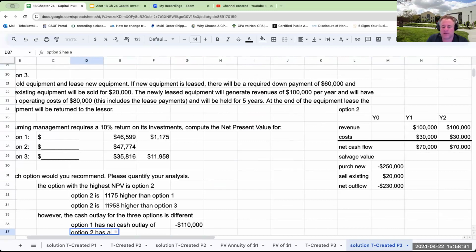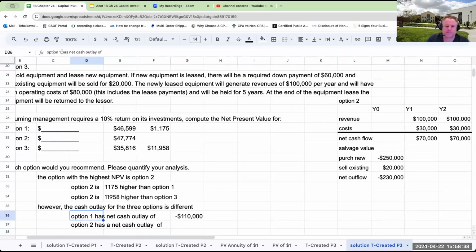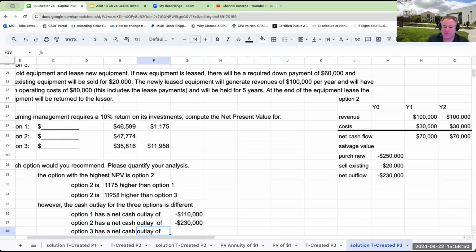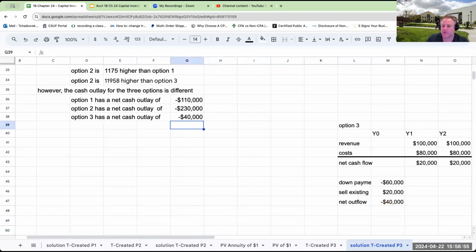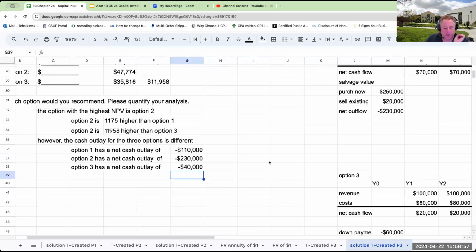Option two has a net cash outlay of $230,000. Option three has a net cash outlay of $40,000. Now, this is a huge deal, right?